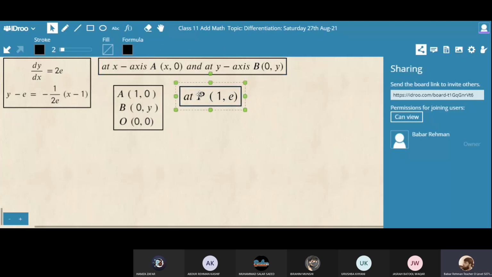This is the pure coordinate geometry concept. The normal which is passing through P also meets the x-axis and y-axis. So we have one point of the equation as well, that is 1, e.